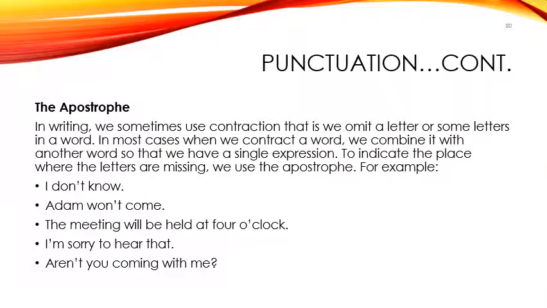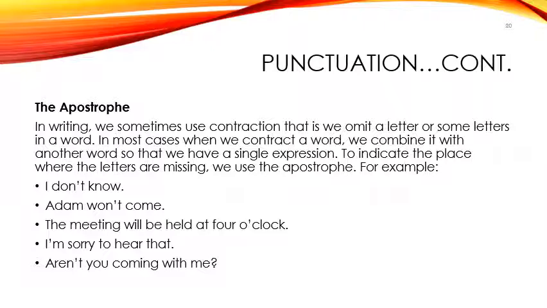Another medial punctuation mark is called apostrophe. An apostrophe is sometimes used to indicate what? Contraction. That's where we decide to omit a letter or some letters in a word. We use apostrophe to indicate that a word or a letter is being what? Omitted. To indicate the place where the letters are missing, we use apostrophe.